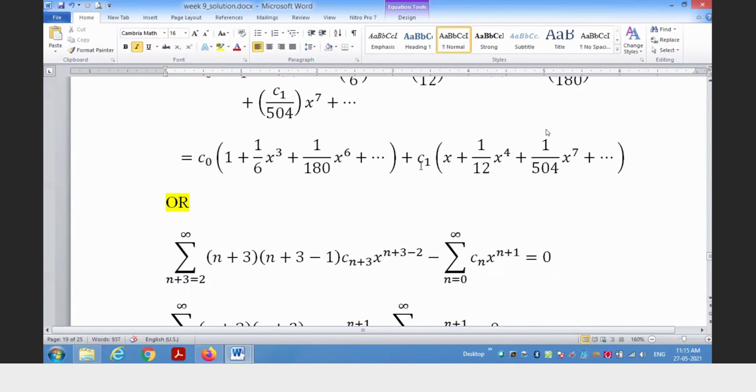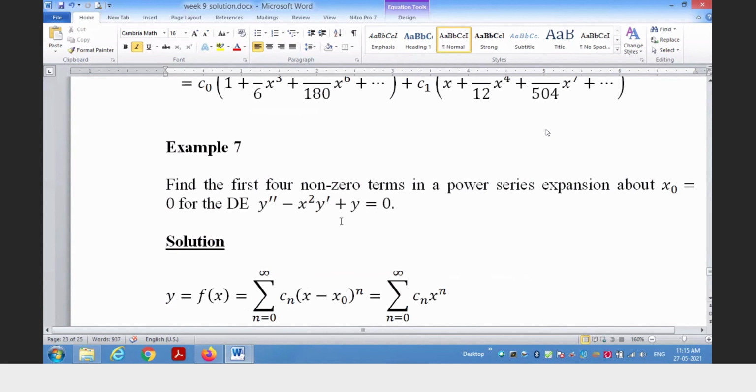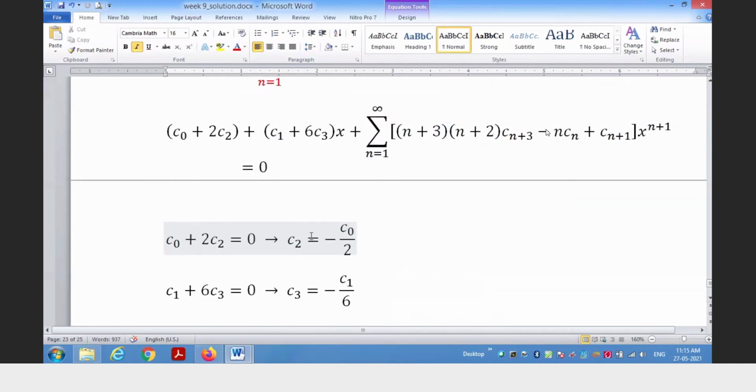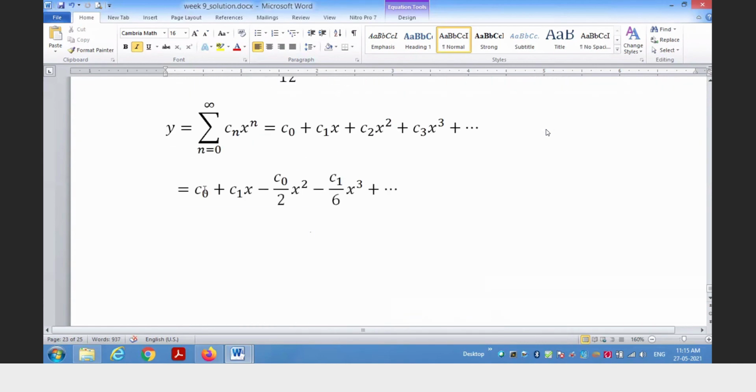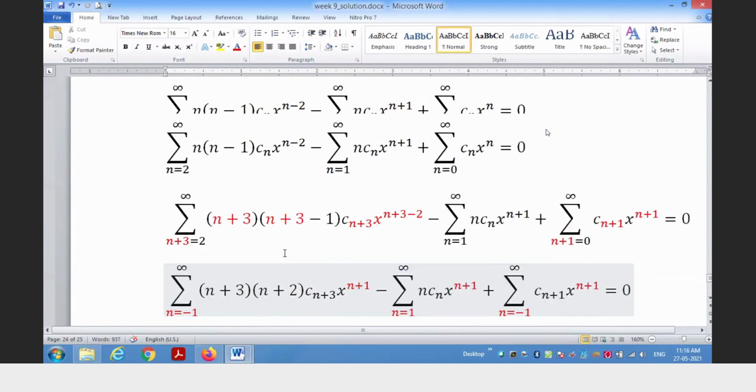We just write like this. In example 7, we just need to find the first 4 terms. At the end, we will get the first 4 non-zero terms. I will explain this in the next meeting.